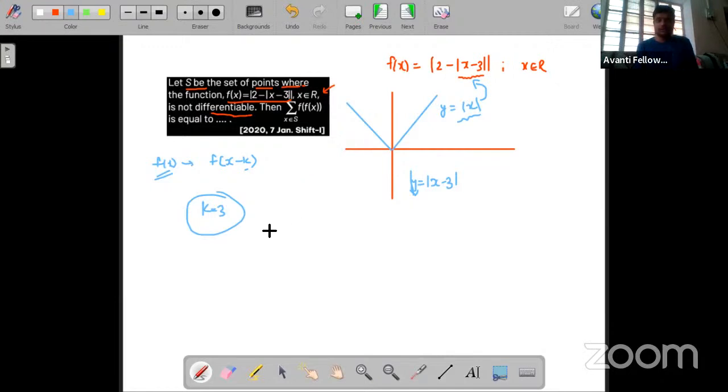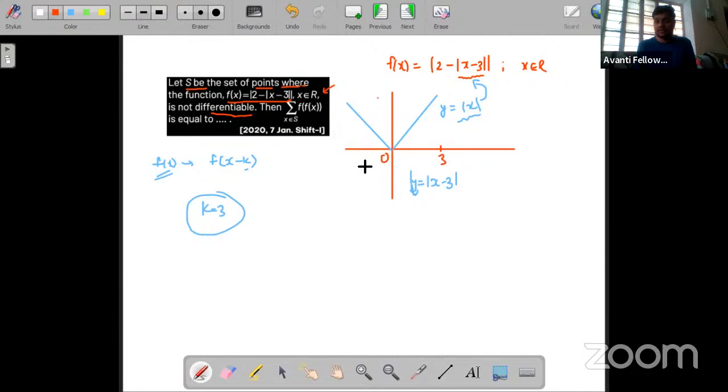Okay, so what we have to do? We have to move 3 units to the right side horizontally. So for y equals modulus of x minus 3, here we will shift by 3 units horizontally to the right side. So you can see this point is 0 actually. What will happen after shifting 3 units?